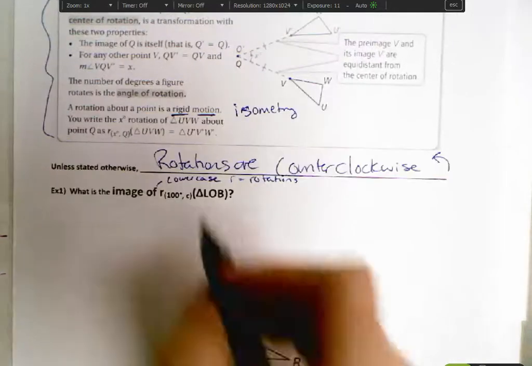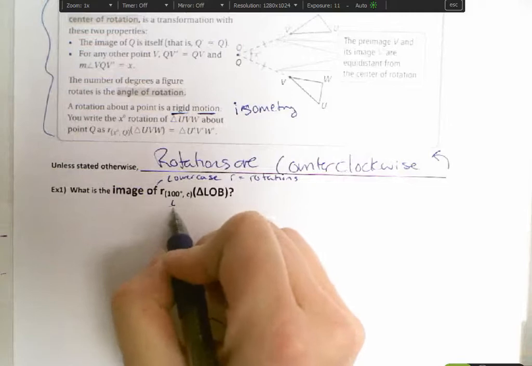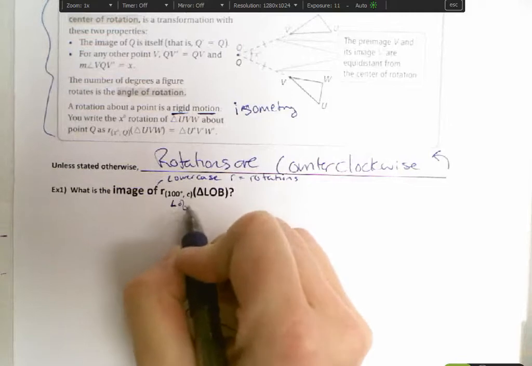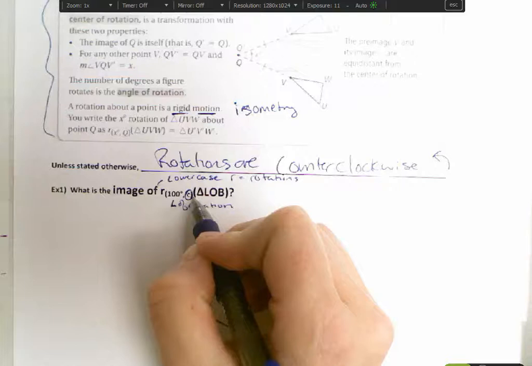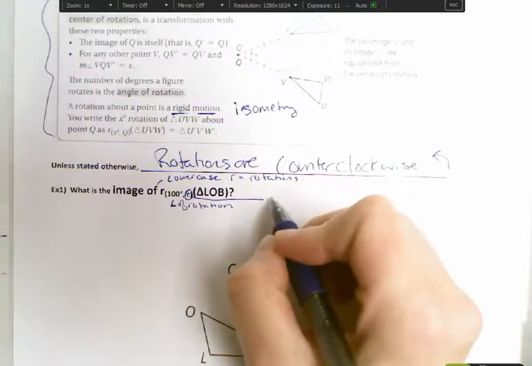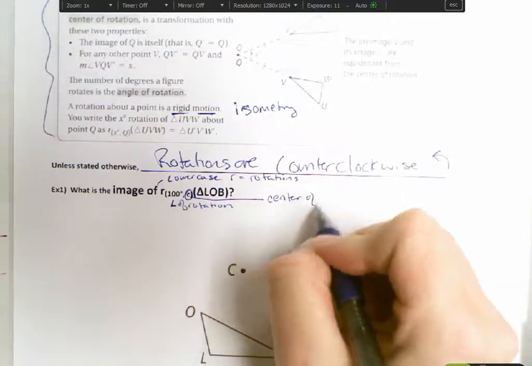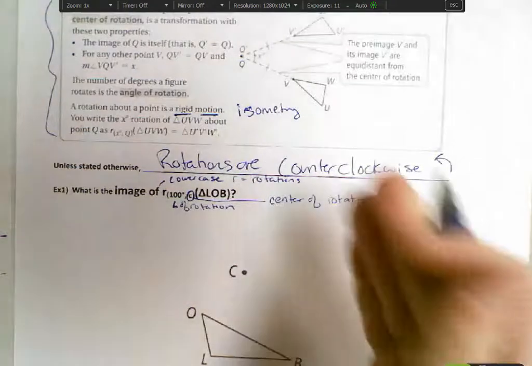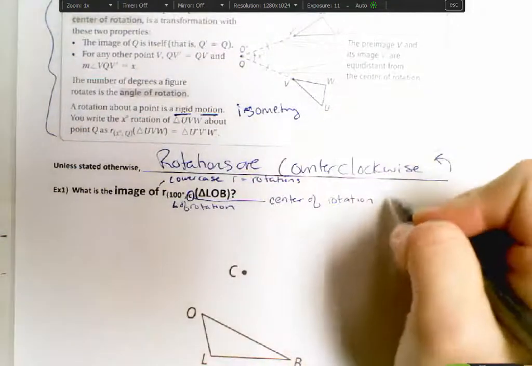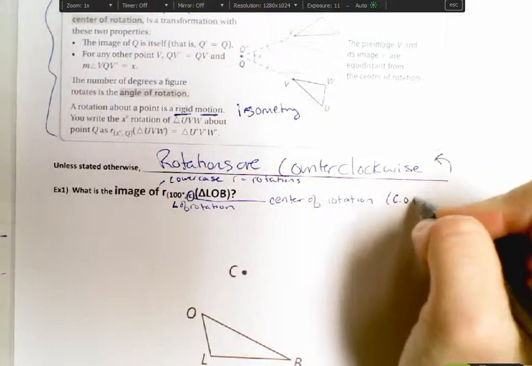Lowercase r means rotation. This is your angle of rotation. And this designation right here is your center of rotation, meaning that is the fixed point on which everything else spins around. So we're going to call it center of rotation.